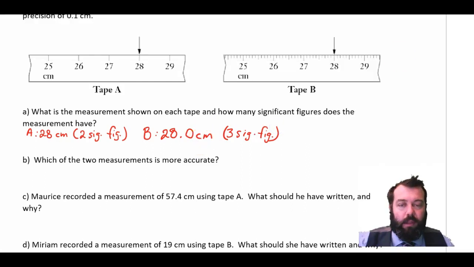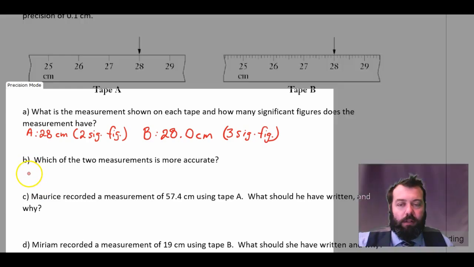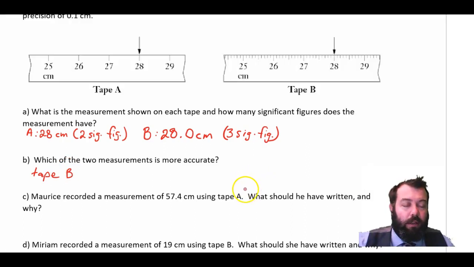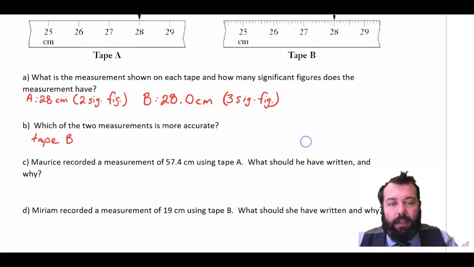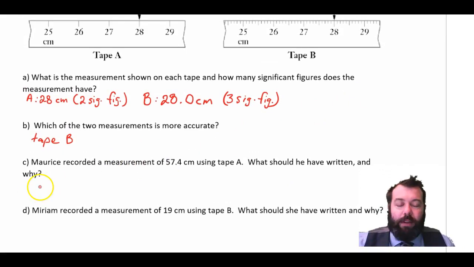Now, which of the two measurements is more accurate? Well, certainly tape B is. My absolute error for tape B is plus or minus half a millimetre. My absolute error for tape A is plus or minus half a centimetre. Now, Maurice, good old Maurice, recorded a measurement of 57.4 centimetres using tape A. What should he have written and why?